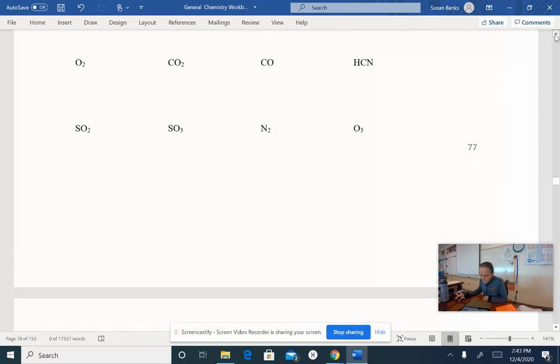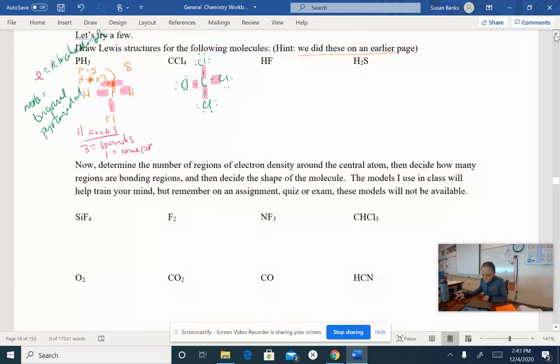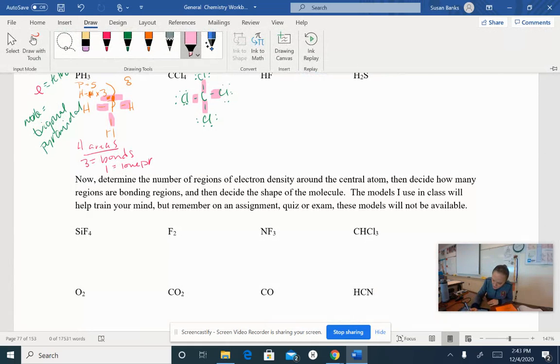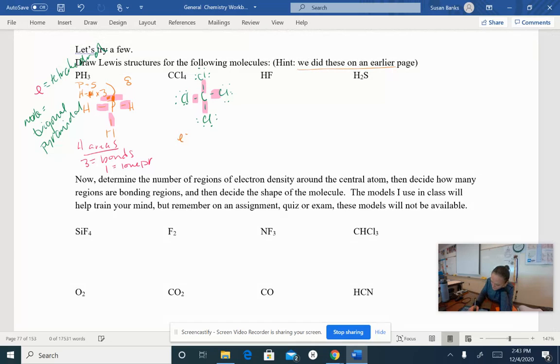So back up here, when I look at my geometry, my electronic geometry is tetrahedral. And my molecular is also tetrahedral because I have all 4 pairs being bonded.